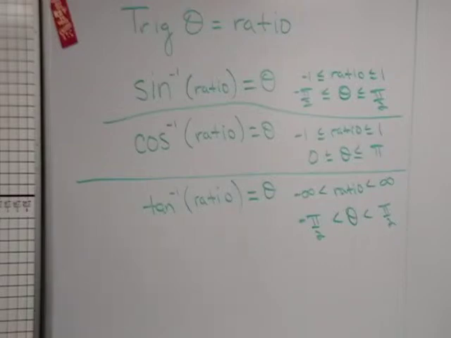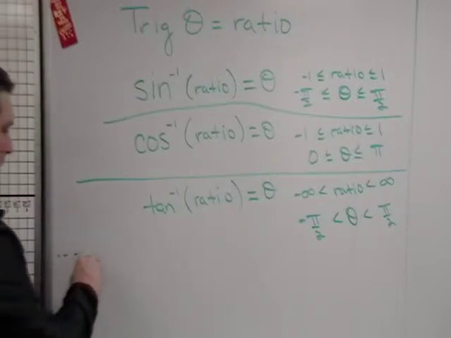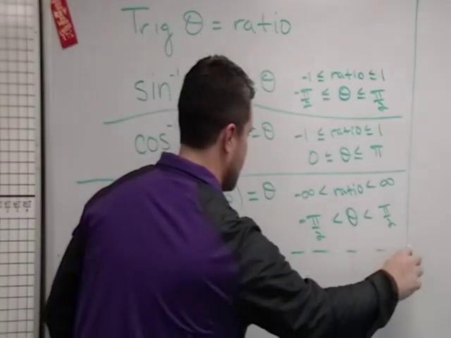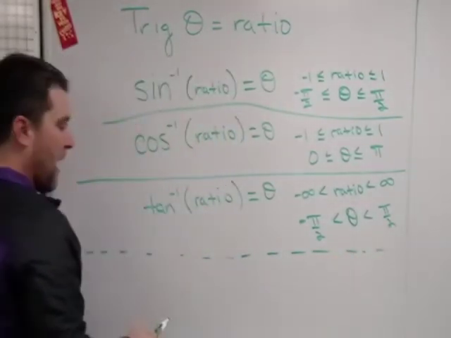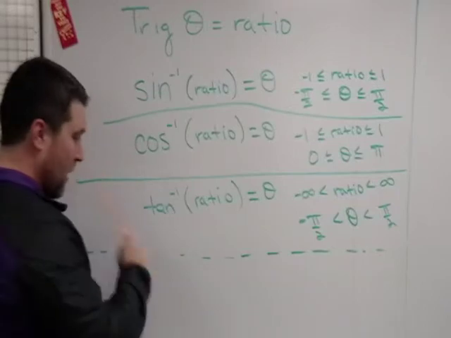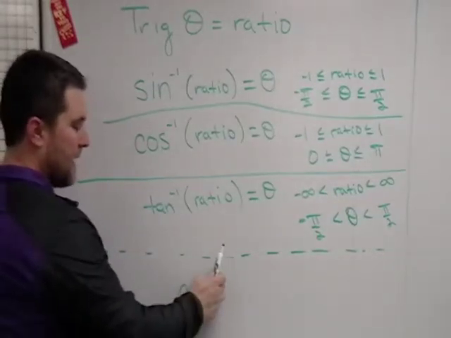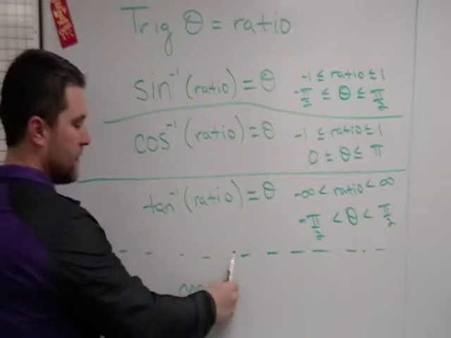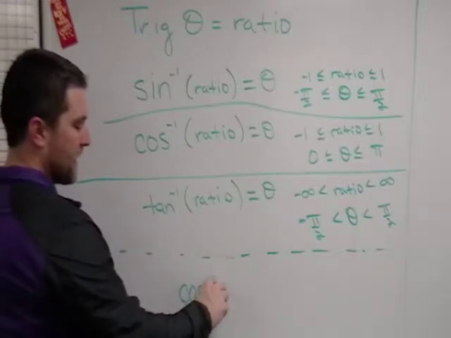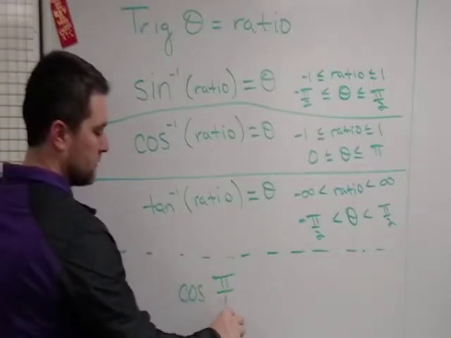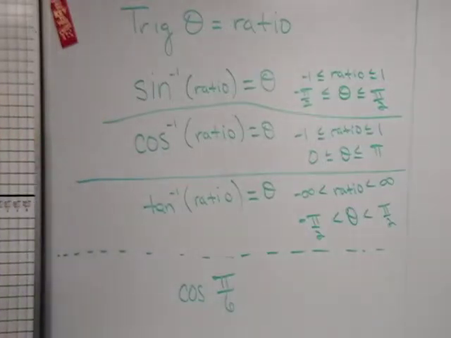Okay, so just do 2 more problems here. If you're asked to find, let's do cosine of, let's do pi over 6. You've probably done this problem 10 times.